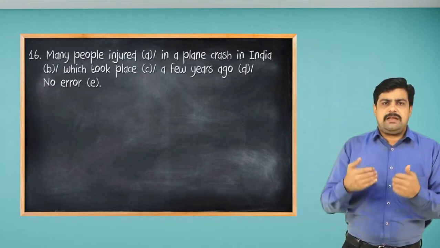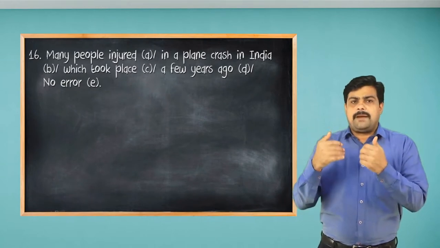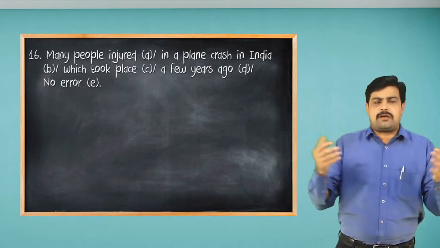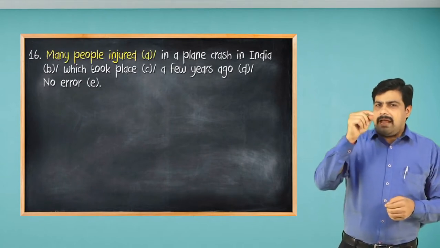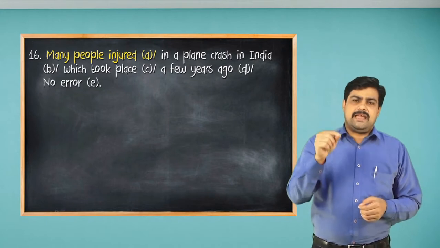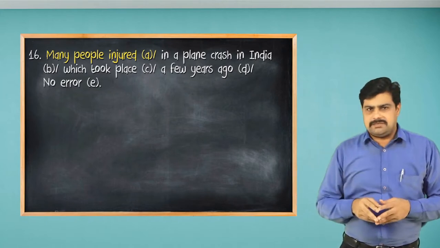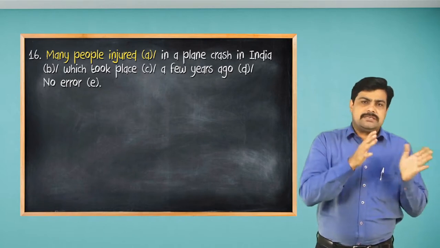Let's take the another sentence. Many people injured in a plane crash in India, which took place a few years ago. Well, if you read the sentence, you will find mistake in part A of the sentence, because this sentence should be in passive voice.